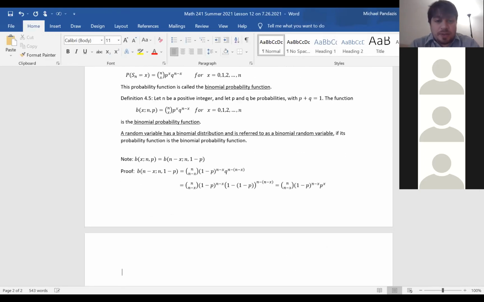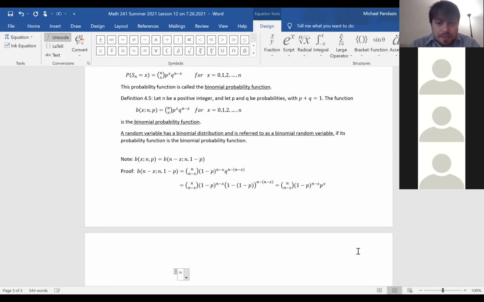And now this is equal to, I'm just going to rearrange the terms. And so you still have n choose n minus x. And then you have, I'm going to put p to the x next. And then I'm going to put 1 minus p raised to the n minus x.